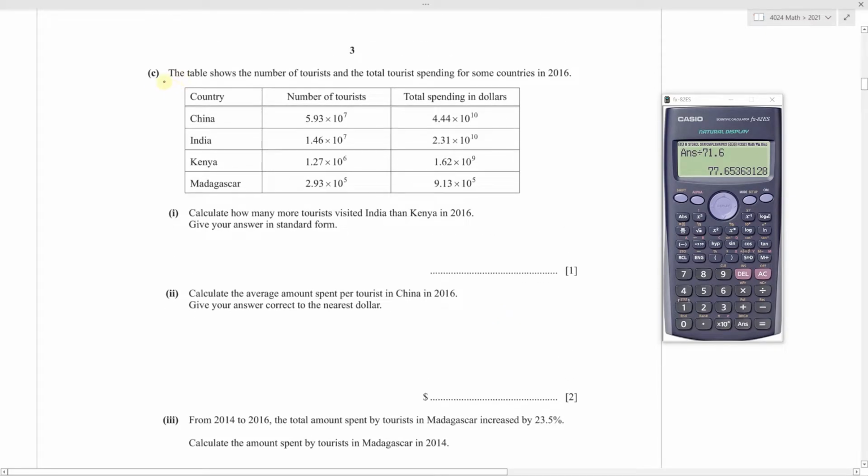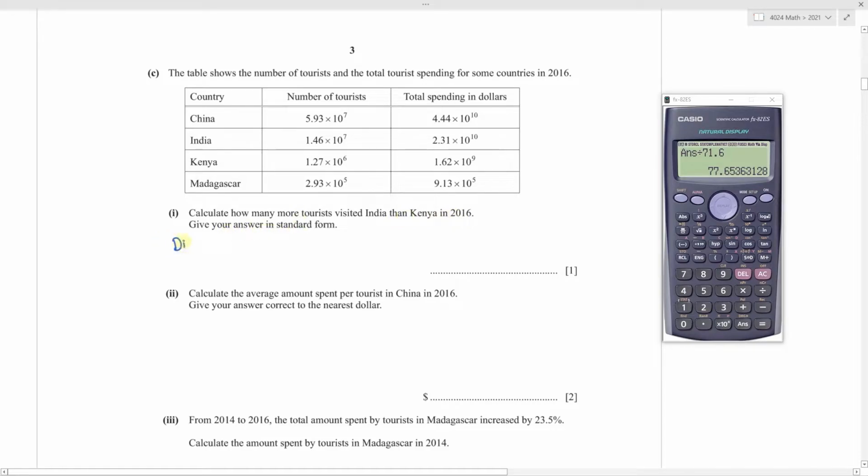Question 1, part C. The table shows the number of tourists and the total tourist spending for some countries in 2016. So your number of tourists and total spending in dollars. Calculate how many more tourists visited India than Kenya in 2016. Give your answer in standard form.